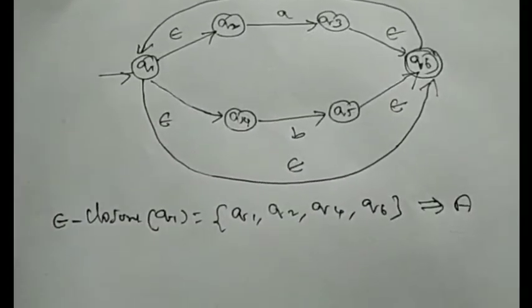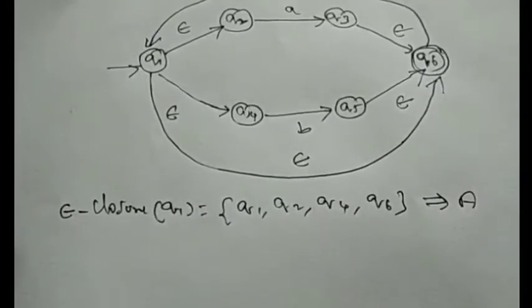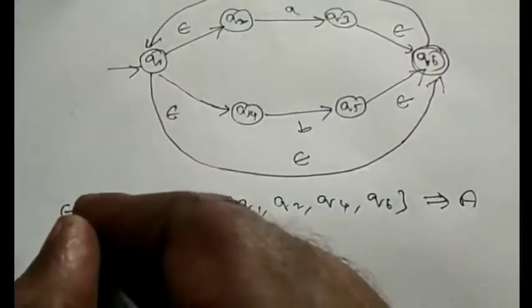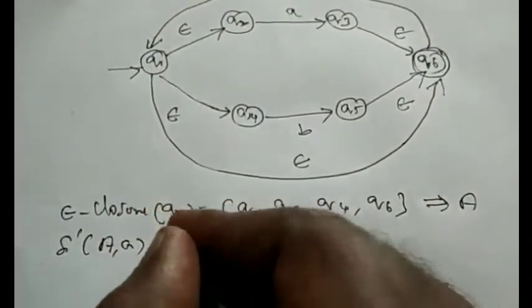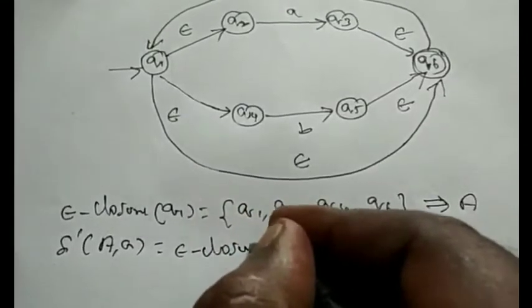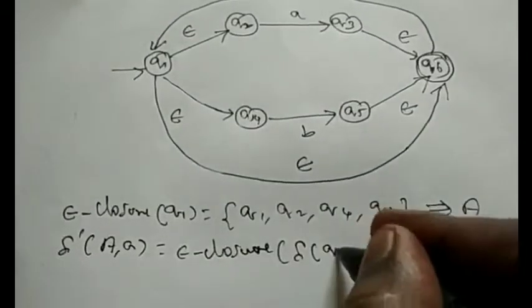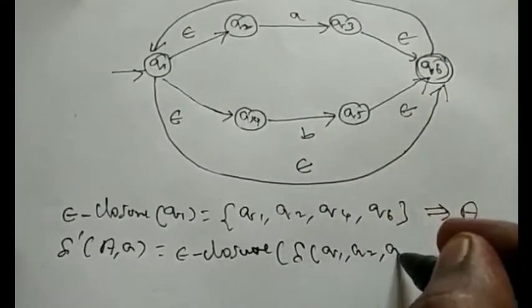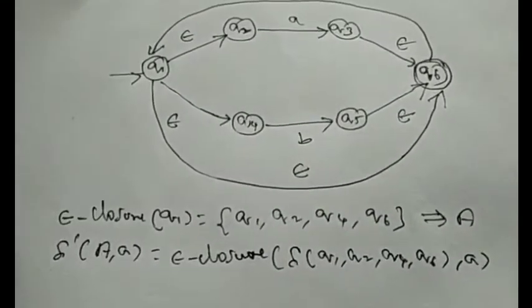So now we will have to apply all the inputs in A. Two inputs are there, A and B. So delta dash of (A, a) is equal to epsilon closure of delta of (Q1, Q2, Q4 and Q6), applying input a.